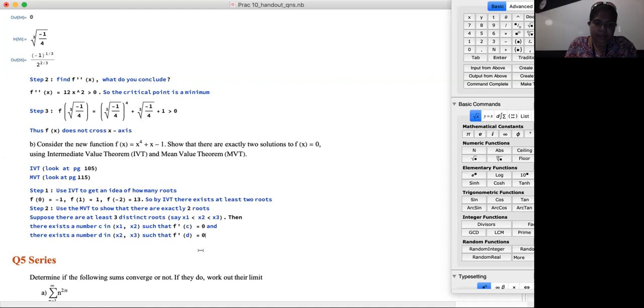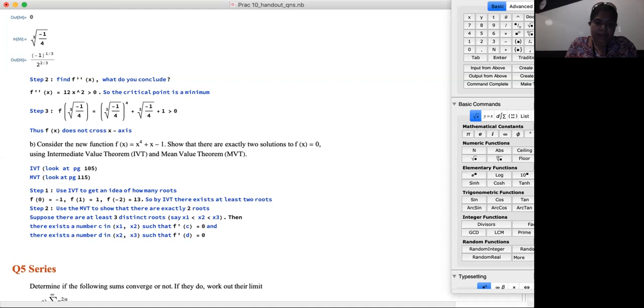Now, what does that mean? The actual f dash x is equal to what? For x cubed plus 1.